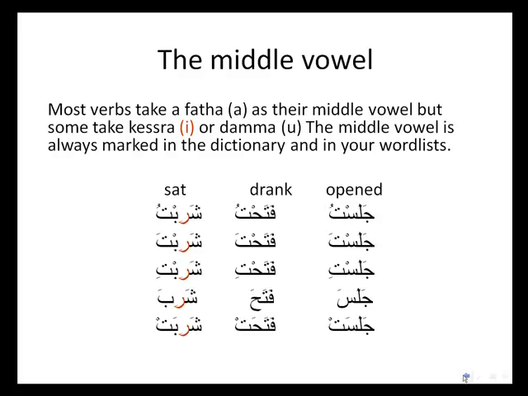And then with shariba, there's a kesra in the middle. So sharibtu, I drank, sharibta, you drank, you masculine, sharibti, you feminine drank, sharibat, she drank, shariba, of course, he drank, sharibat, she drank.